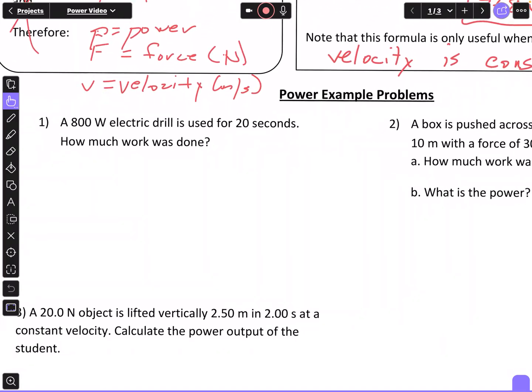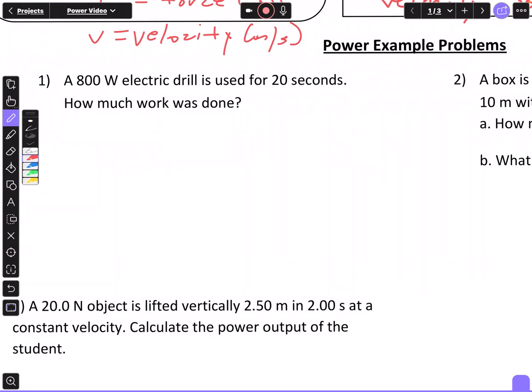Okay, my next problem. A 800 watt, and I know that's giving me power, electric drill is used for 20 seconds. And that's giving me a time. How much work was done? Alright, so power equals work divided by t.